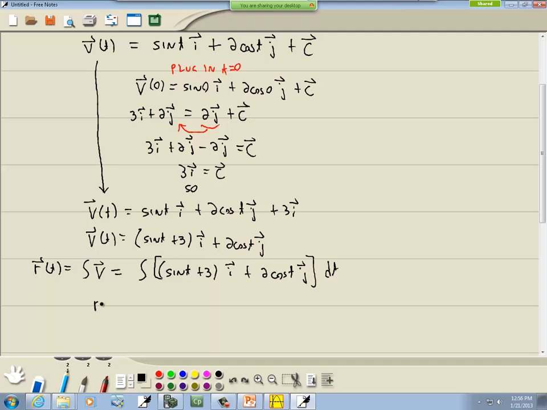So r, the position vector: the integral of sine is negative cosine, so that'll be negative cosine t, and 3 just becomes 3t, i, and the integral of cosine is sine, so this becomes plus 2 sine t j plus our constant vector.